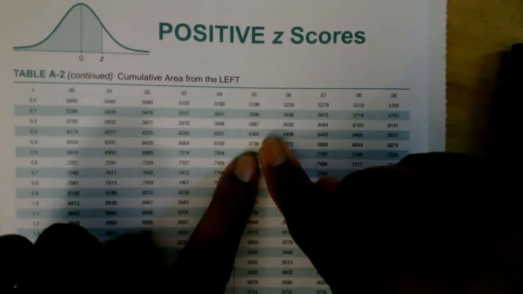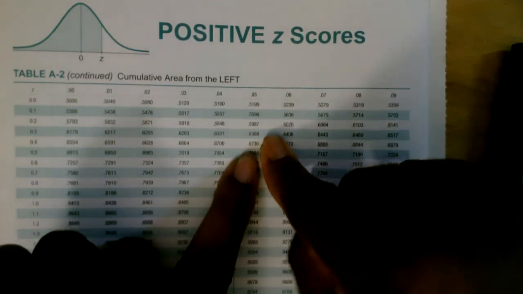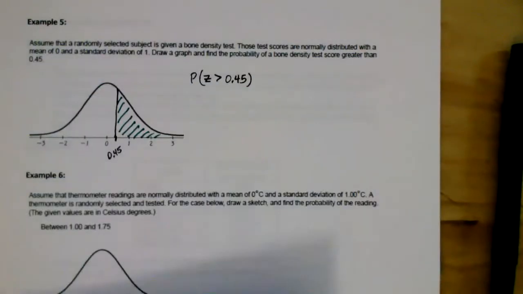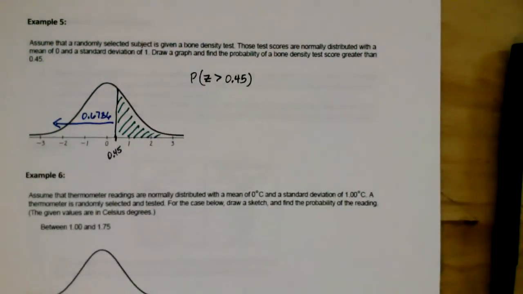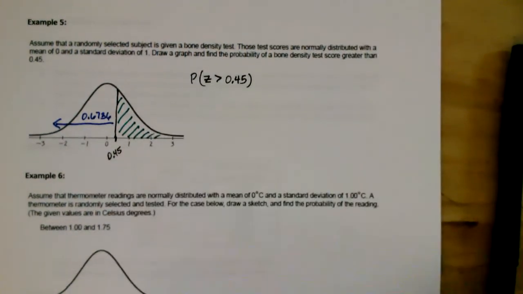Now keep in mind, this does say 0.6736, but that's for the cumulative area on the left, not the right. So this area on the left of 0.45 would be 0.6736. We're not looking for that area that's on the left. We're looking for the shaded area that's on the right.